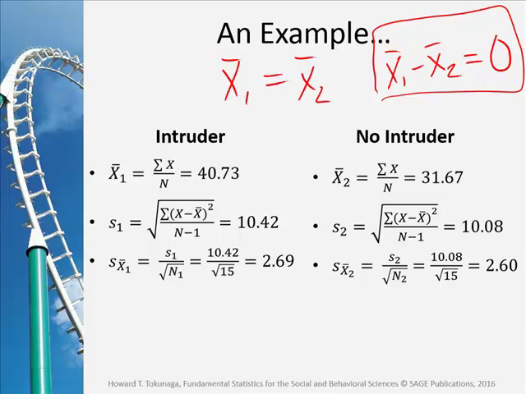Now, we're drawing data from two different samples, right? From two different conditions in the world. There is a possibility that with our intruder mean, we just happen to get a sample that wasn't in the center of the curve, right? It could be out here in the tails.